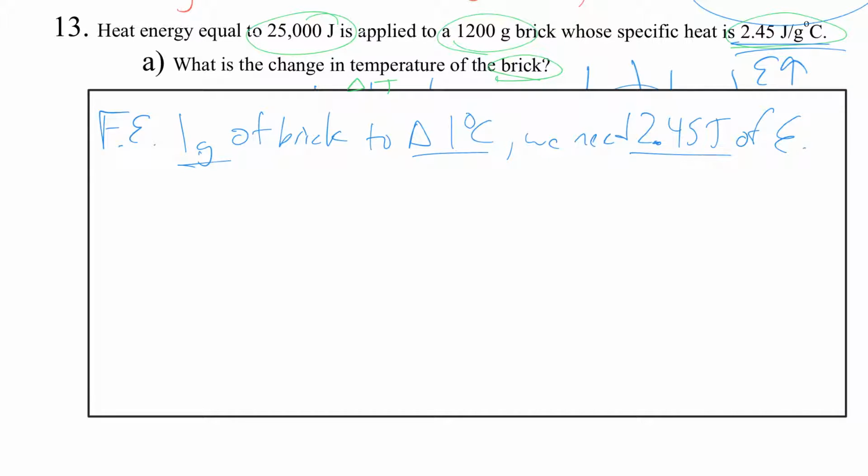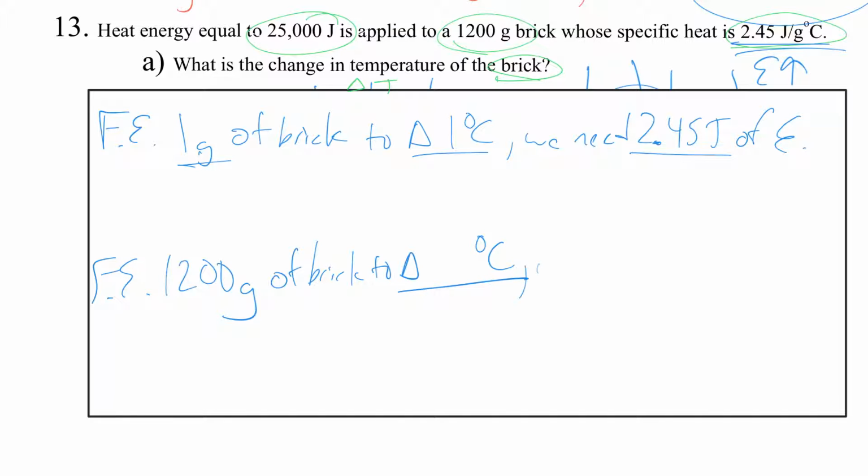Do I have 1 gram though? Yeah, I got a lot. Bricks aren't 1 gram. It's 1,200 grams, 1.2 kilograms or about 2 to 3 pounds of brick to change. And I want to know, I have no idea how many degrees Celsius it's going to change.